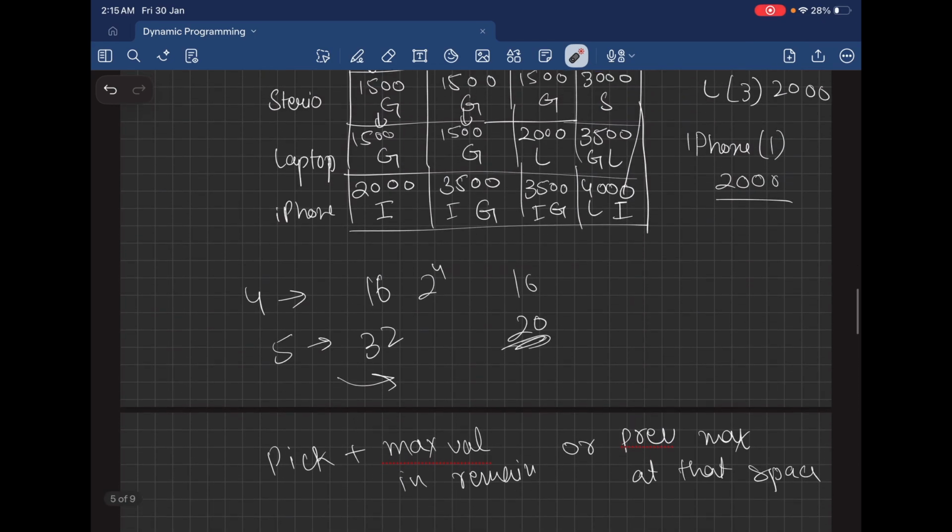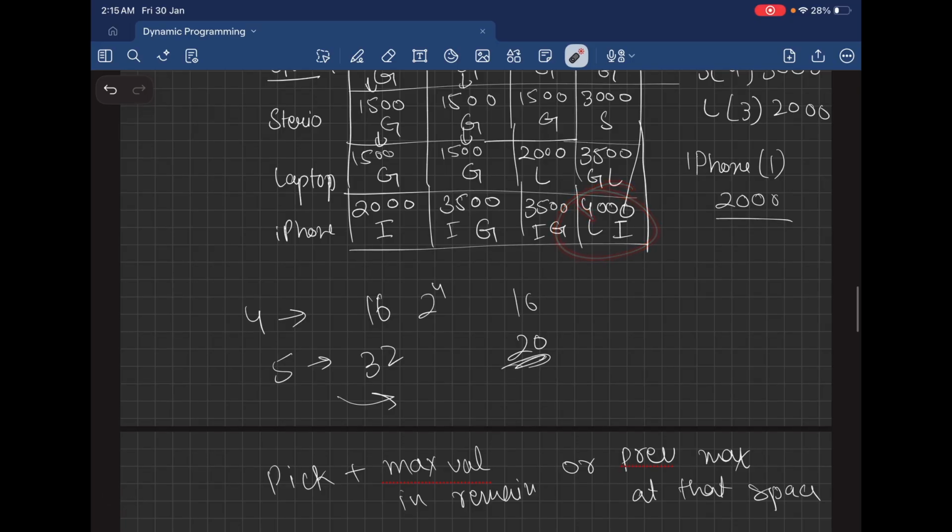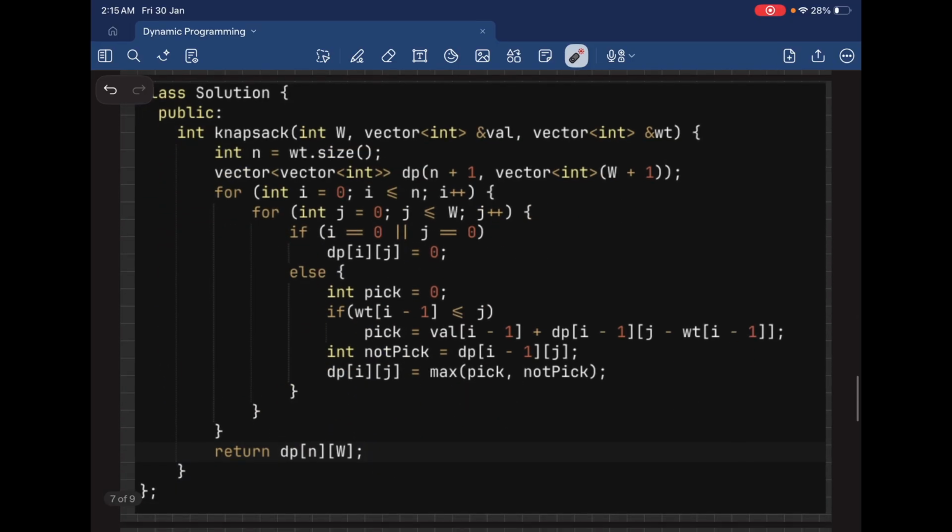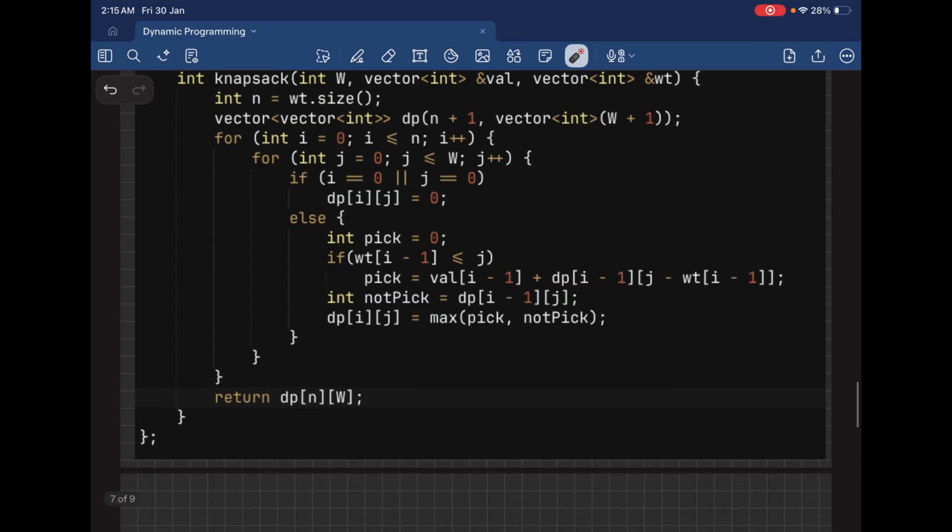As in this, we got this result, so we are just returning this. This is just an overview of the solution. I want you to do this yourself. This is just to understand this, and if someone is struggling with this, it is no problem. It'll just take some time and you'll get used to it.